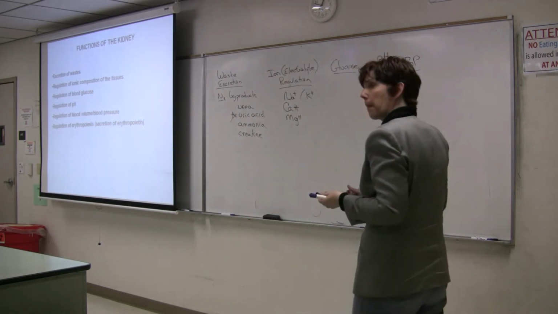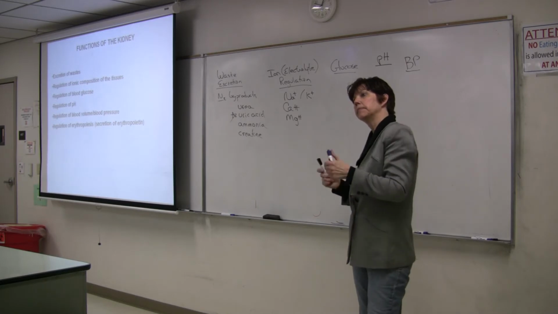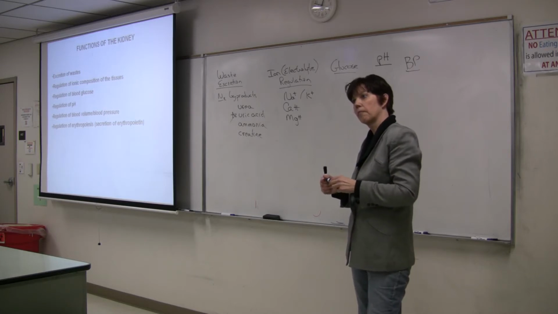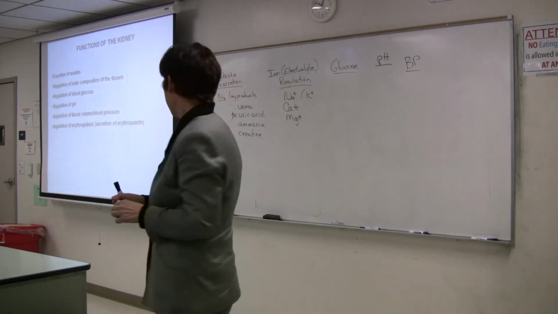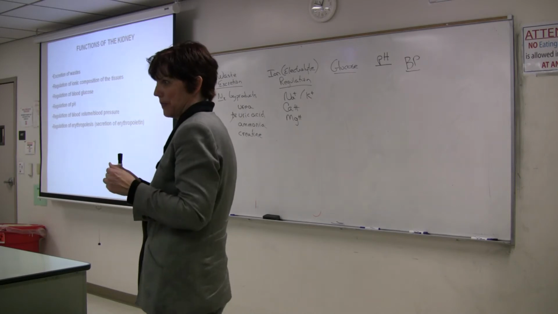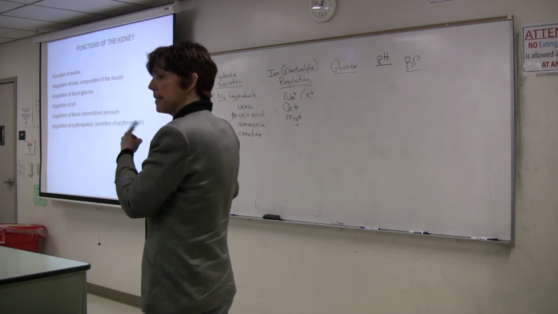Okay, and also the whole electrolyte thing. Calcium is more of a mineral, or something? Yeah, but it's an ion. Sodium is a mineral too. Okay. What I say is the kidney actually forms calcitriol.